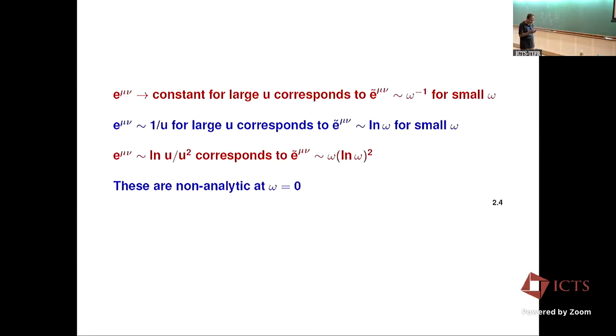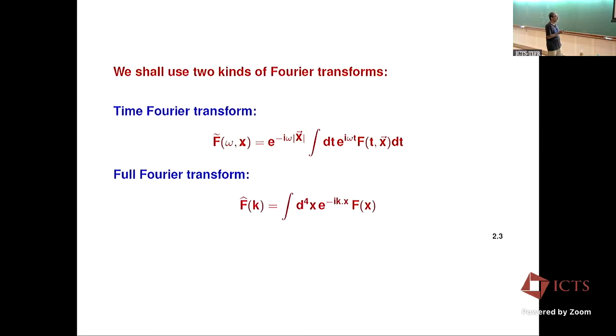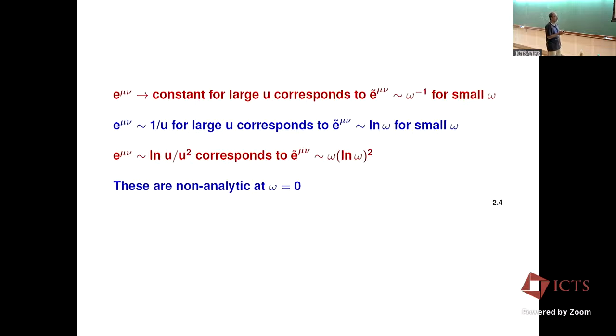Here are some mathematical results, which you can also verify easily. The memory term, for example, is a constant jump. So E mu nu vanishes at early time and it goes to a constant at late time. If E mu nu of t and x has this kind of behavior in position space, then the corresponding time Fourier transform has the feature that it goes as omega inverse for small omega.